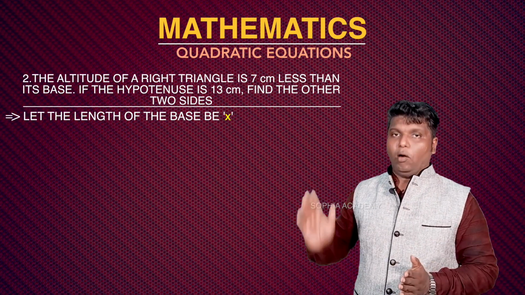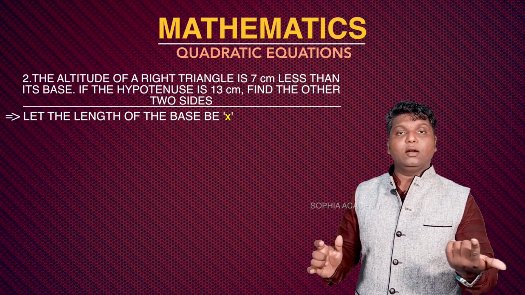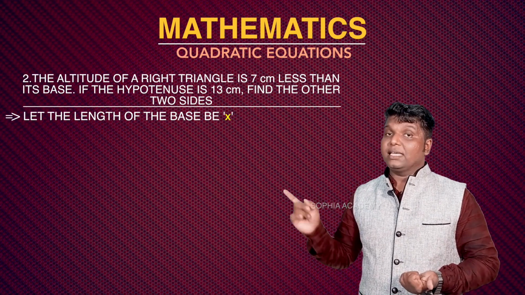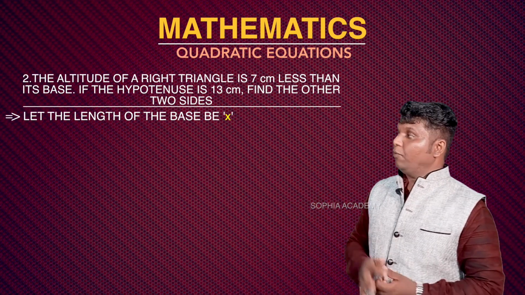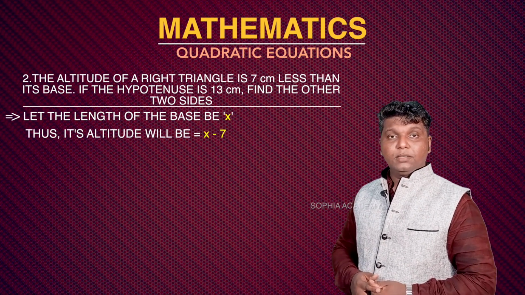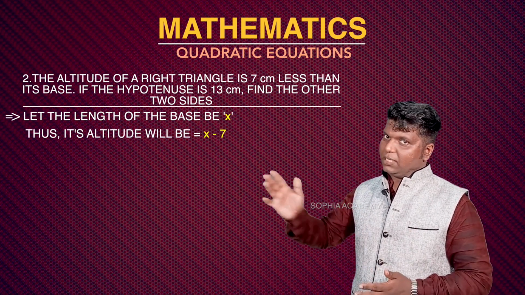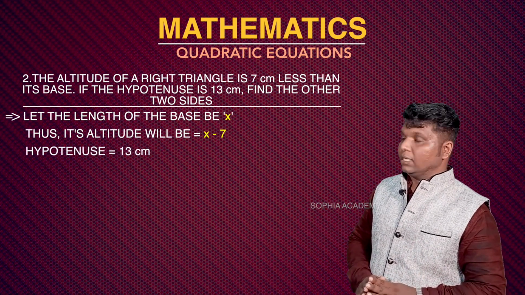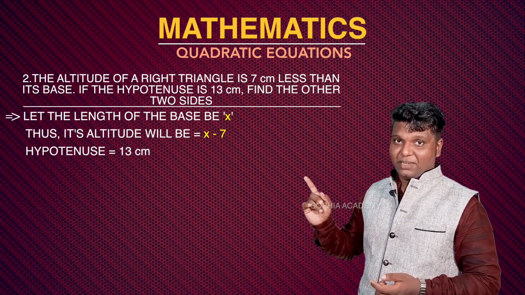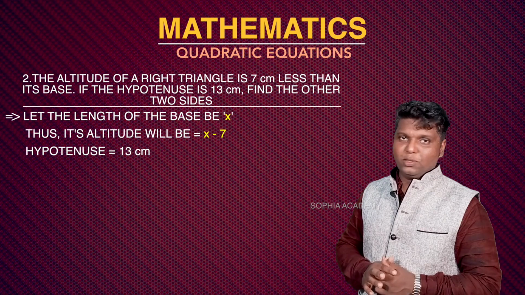So if you know the base, you can say the altitude. If the base is x, what will be the altitude? Therefore, its altitude will be x minus 7, because it is 7 centimeter less than the base. And the hypotenuse is equal to 13 centimeter, which is clearly mentioned in the question itself.